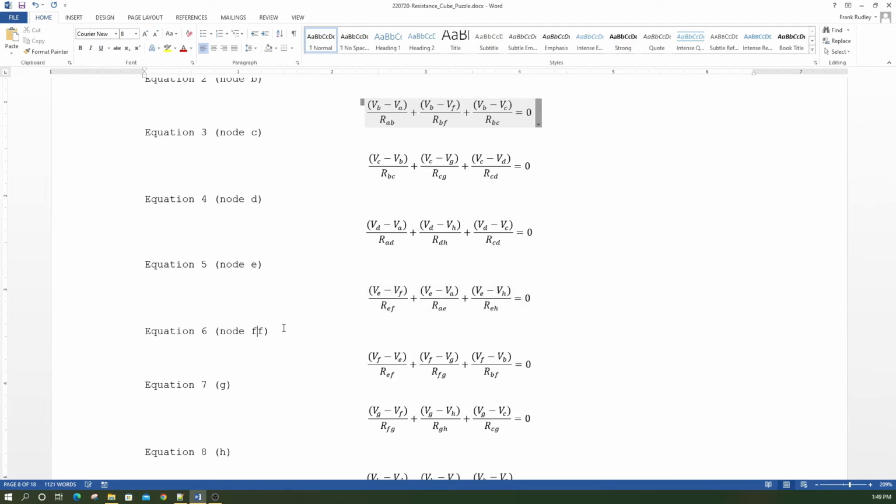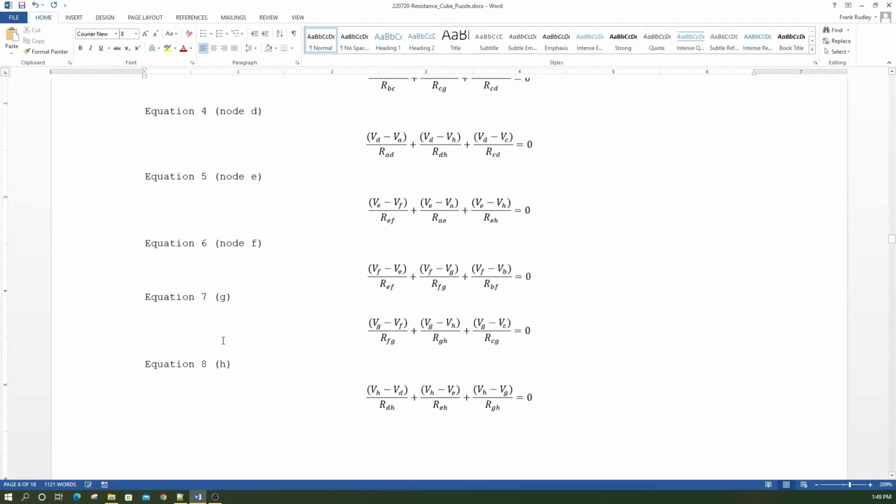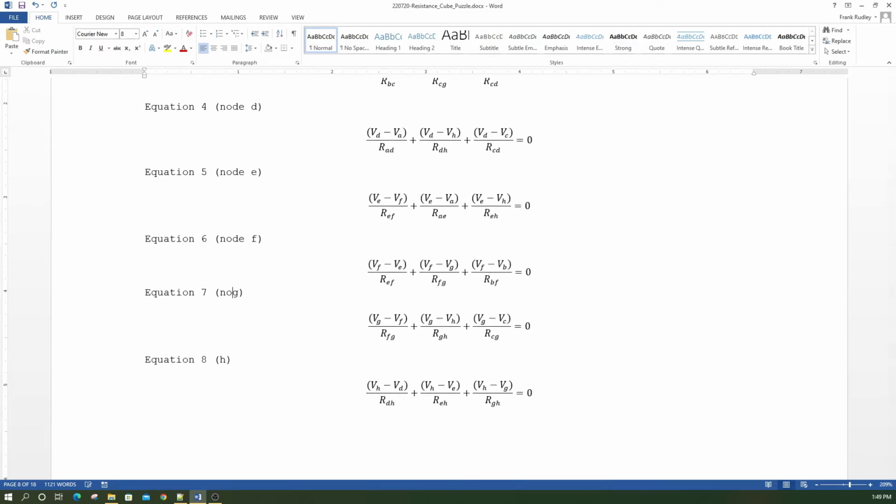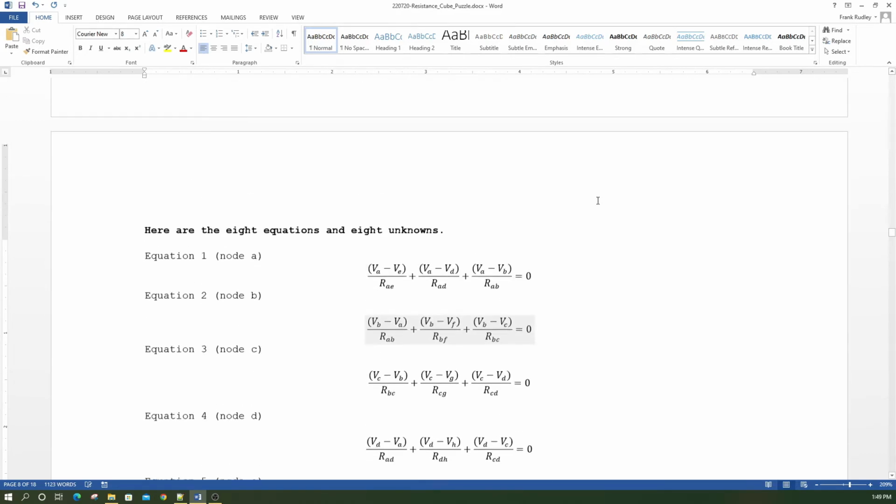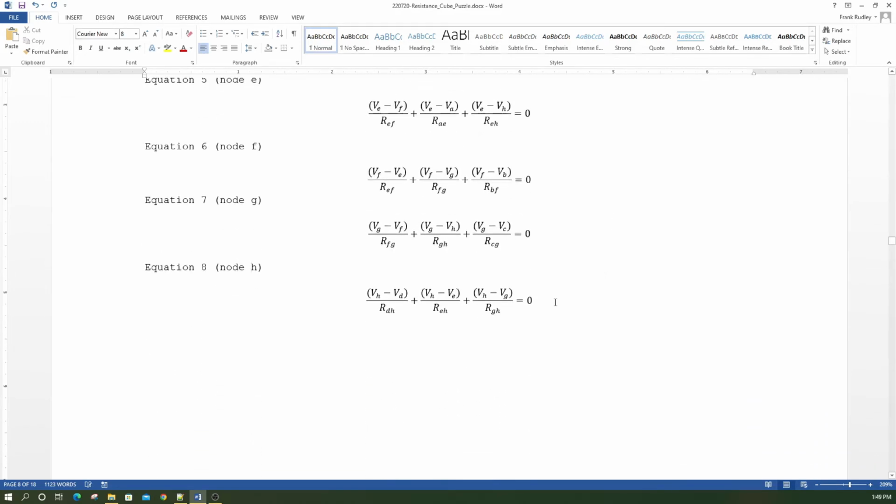So we have node F, we have node G, and we have node H. So these are our 8 equations, and we have 8 unknowns. There's 8 voltages that are unknown, so it's always good if you have the same number of equations and unknowns, you can usually solve it.